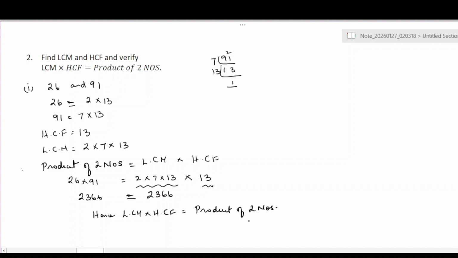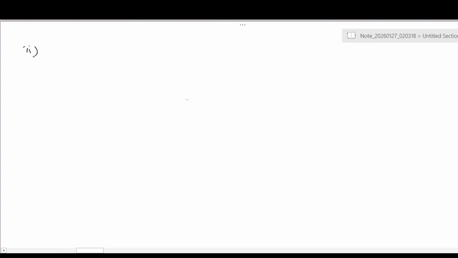Next sum, 510 and 92. So for 510, what are the factors? 510 I'll do here. It is an even number. 2 times 5 is 10, carry over 1, 2 times 5 is 10, carry over 1. The number is ending with 5, so we'll do it by 5. 5 fives are 25, 5 ones are 5, 51.